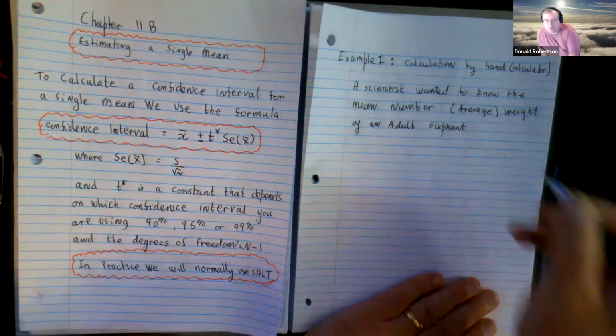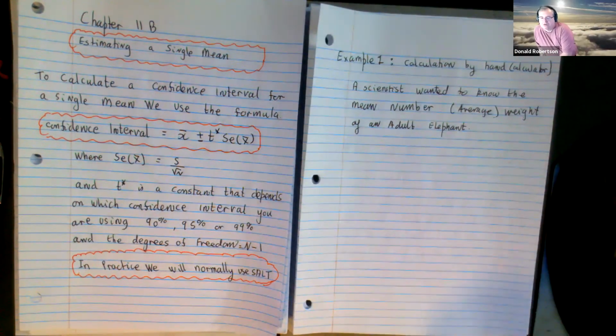So I guess that scientist would probably be a zoologist. So maybe he's doing a PhD on elephants and he wants to find out what the average weight of, say, an adult African elephant was.